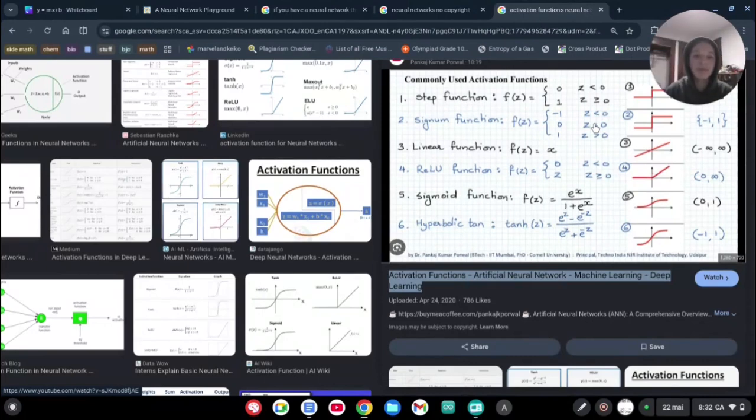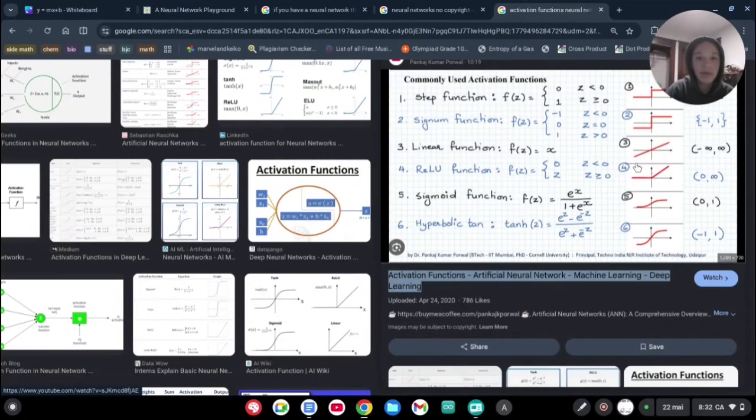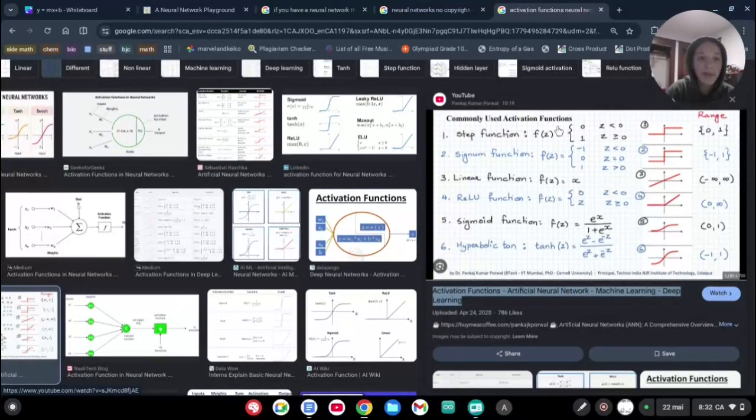And so some examples, we have a step function, which I guess we kind of learn in school. It's where a function quickly jumps from one value to another. A segment function, which looks kind of similar to that. A linear function is what we were kind of using before. A ReLU function, this I've used.